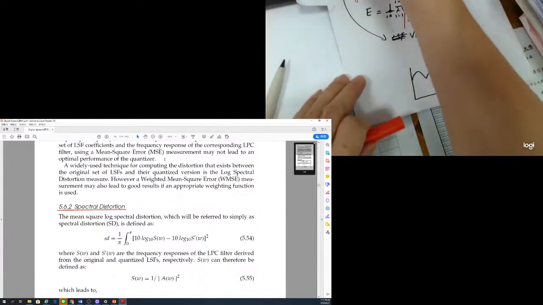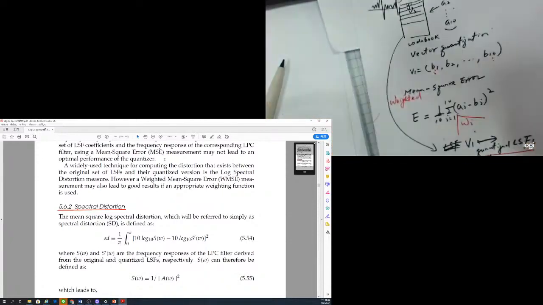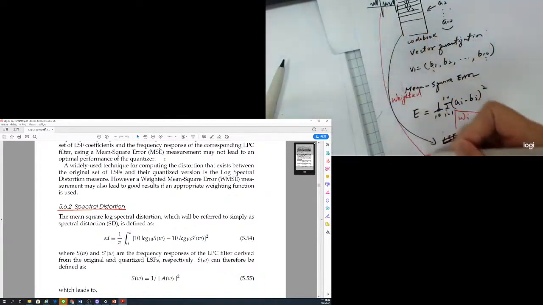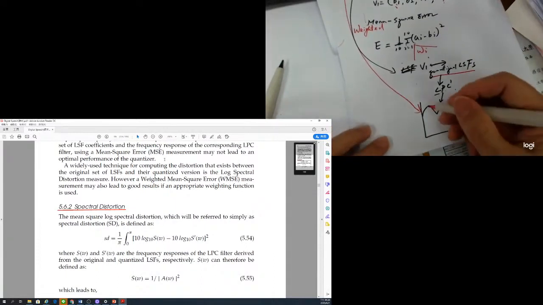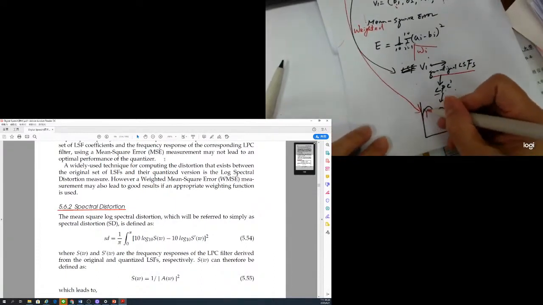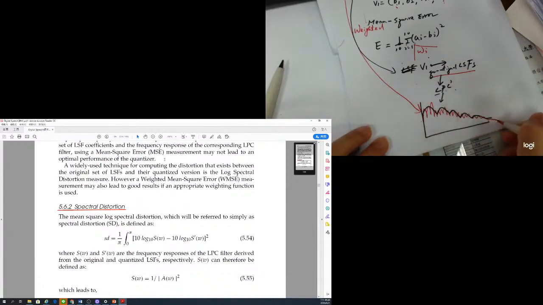We have an original signal. This original signal also goes through FFT, so you can see many envelope harmonics here. Then we can calculate the distortion based on spectrum distortion.